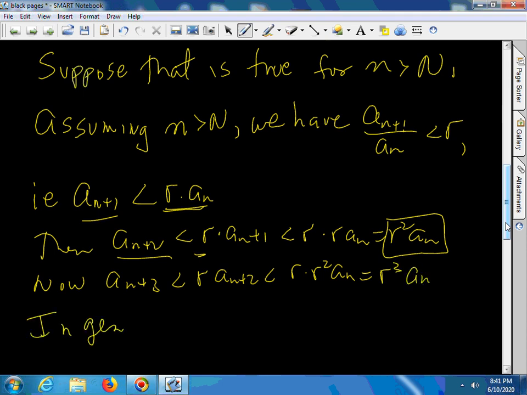In general, a sub n plus k is less than, notice, when it was 3, we had R cubed. When it was 2, we had R squared. When it was 1, we had R to the 1. This is less than R to the k times a sub n. This is always true.